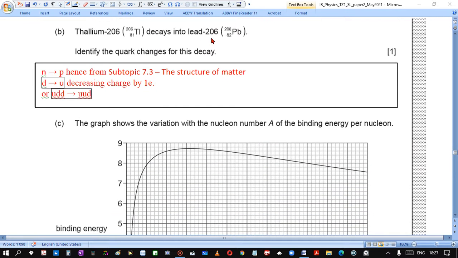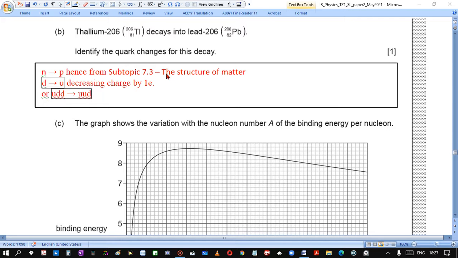Thallium decays into lead. Identify the quark changes for this decay. What we see is that the number of protons increases at the expense of neutrons. So 1 neutron turned into a proton.